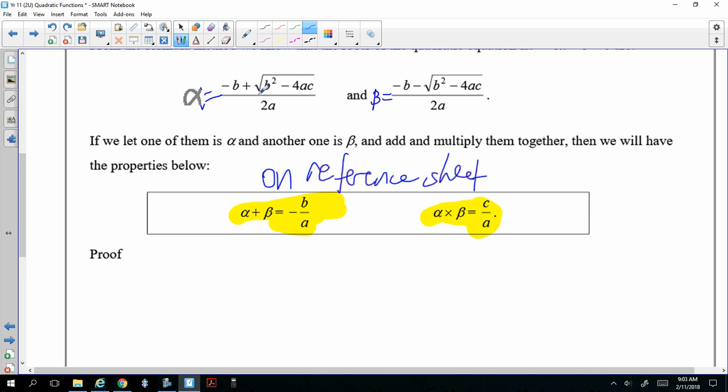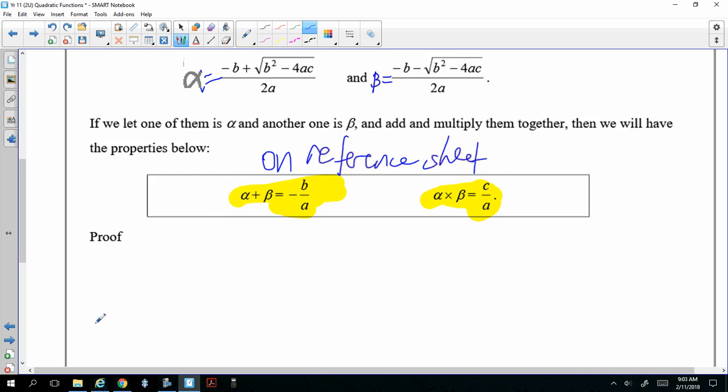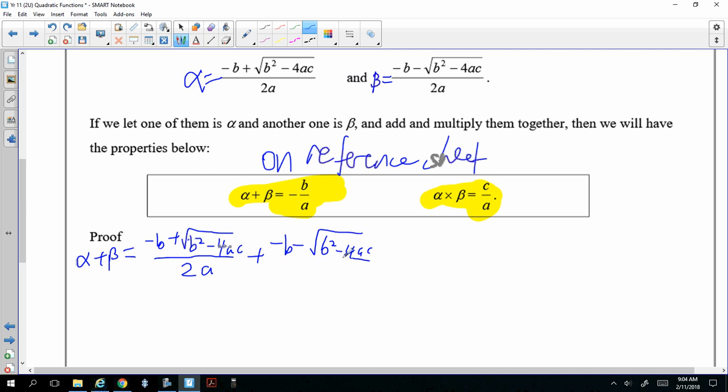So let's add them. So we go alpha plus beta equal minus b plus root b squared minus 4ac over 2a, plus minus b minus root b squared minus 4ac over 2a. We're adding the two roots together, see if we get negative b over a.